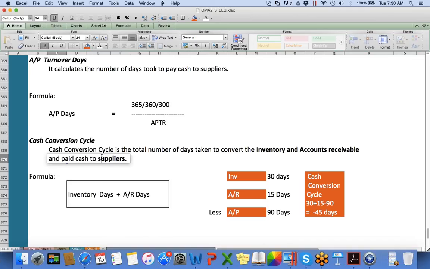So you should sell the inventory, collect cash. This is your operating cycle, and when you deduct it, okay, you will get the cash conversion cycle.